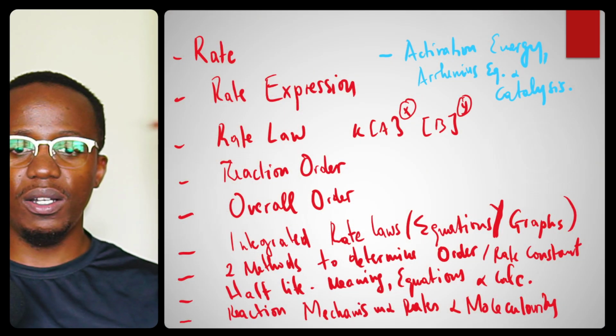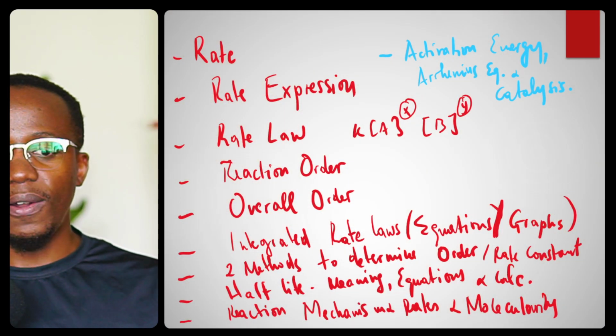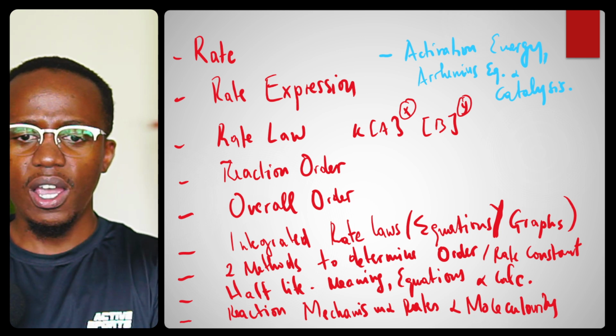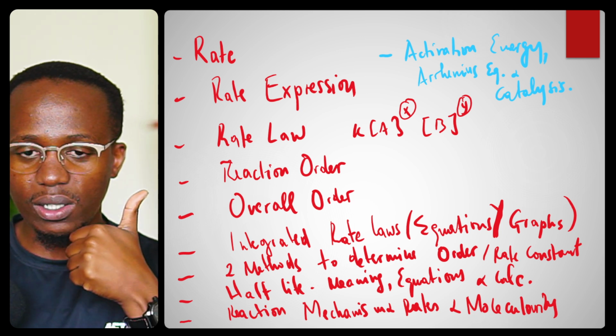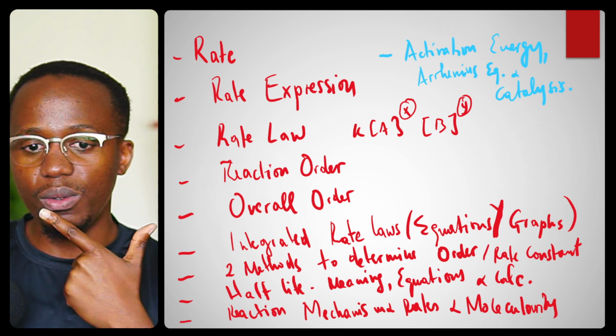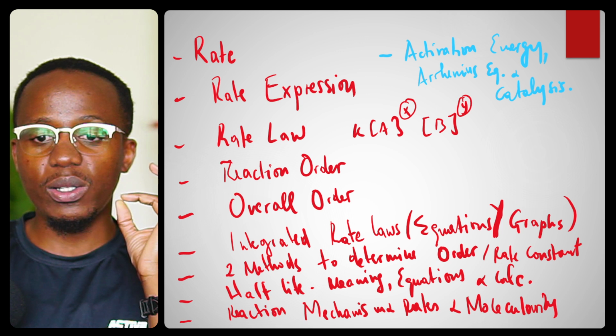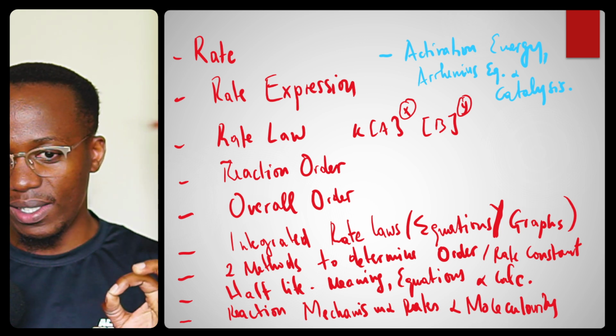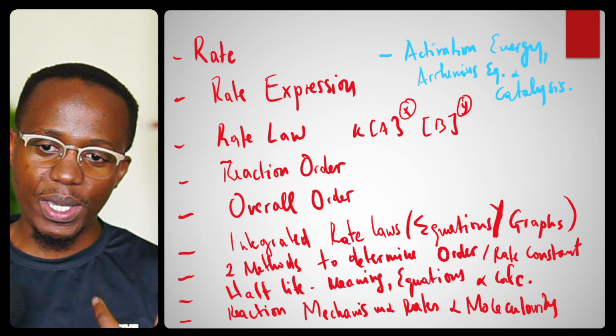But again, I did my best to give you the things that we need to know, and how to make sense of it, which is we started with what is the rate of the reaction. We saw the rate expression. How do we express the rate? Then we talked about the rate law. Then we talked about the reaction orders, with respect to A and B and how to find them.